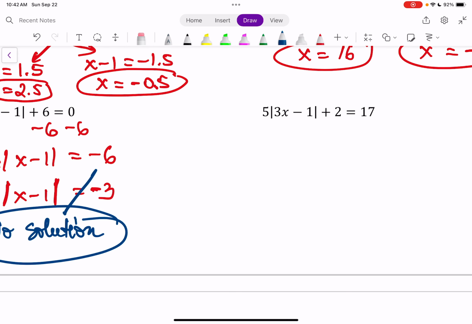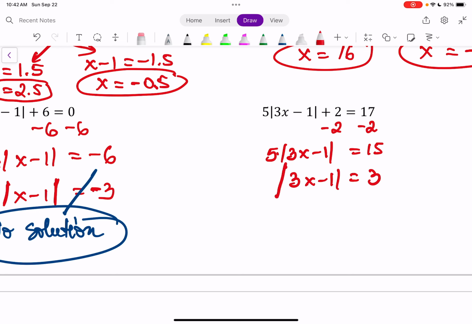So here is one more. This one's going to work. Again, I suggest that you pause the video and try the problem yourself. So I'm going to minus the 2, divide by 5, and 15 divided by 5 is 3. And now you can tell me what that means. It's a positive number, so that's fine.